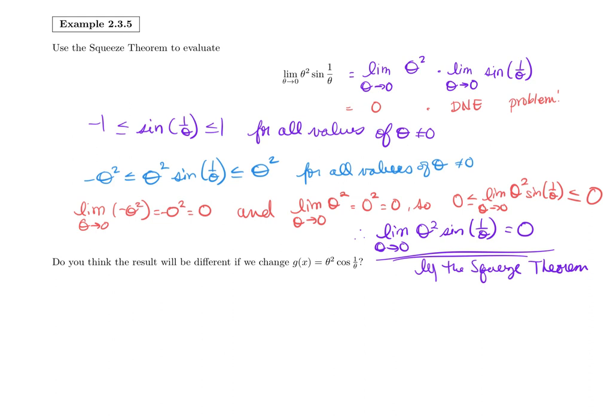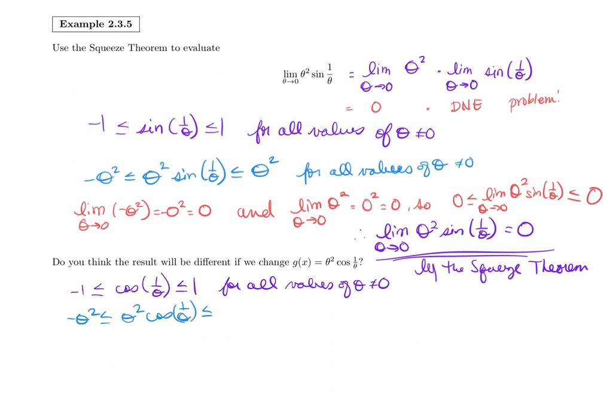So we would again have negative 1 less than or equal to cosine of 1 over theta, which would then also still be less than or equal to 1 for all values of theta not equal to 0. And then if we multiply the entire inequality by theta squared, we'd get negative theta squared less than or equal to theta squared cosine of 1 over theta, which is less than or equal to theta squared, for all values of theta not equal to 0.